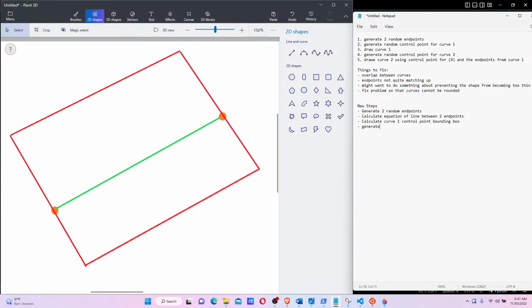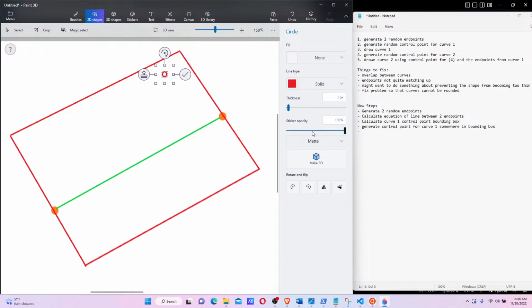Now generate control point for curve 1 somewhere in bounding box. Now there's a new point, so say the point gets generated over here. That's in thickness.